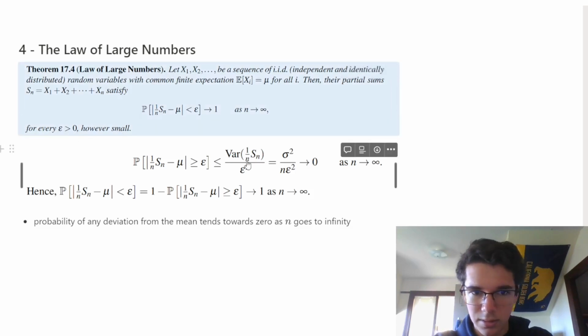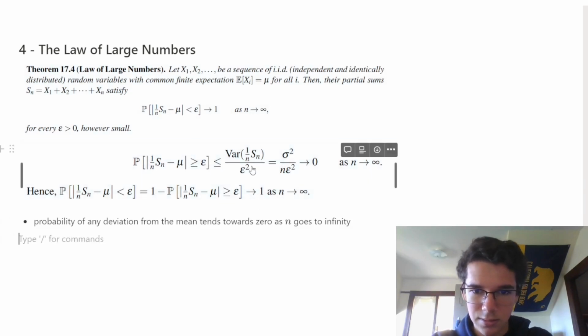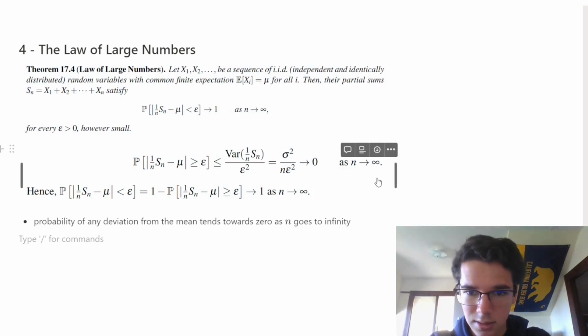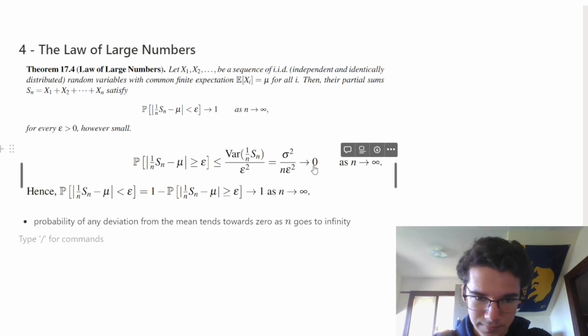For an error greater than 0, we're just going to take this equation. We're going to flip this sign because that allows us to use Chebyshev's inequality, and from there, substituting values we went over, we see n is in this denominator term, and as n approaches infinity, this is going to go to 0.